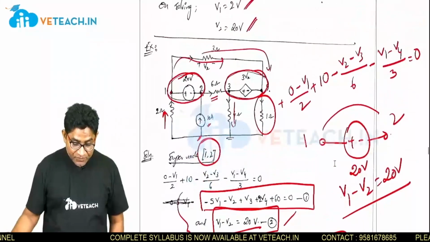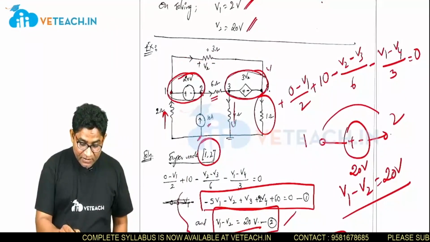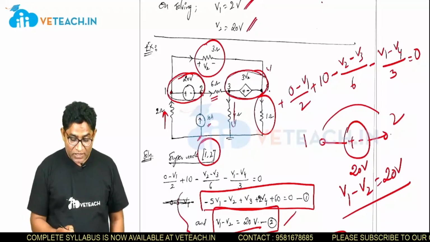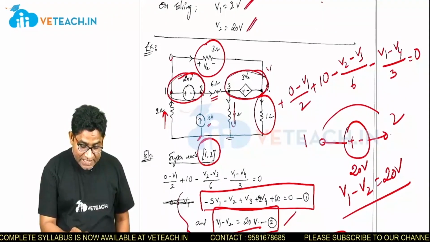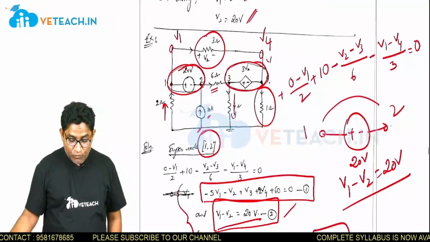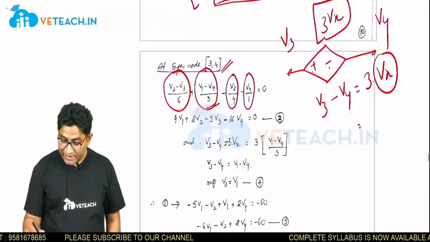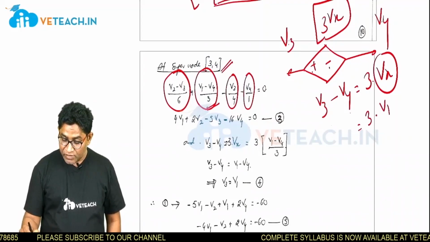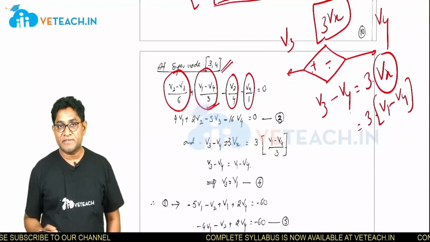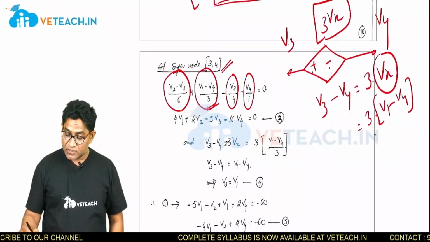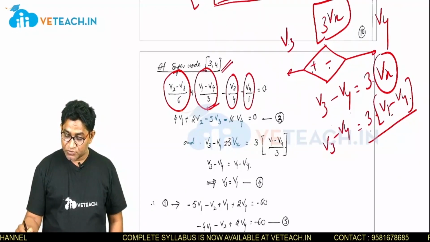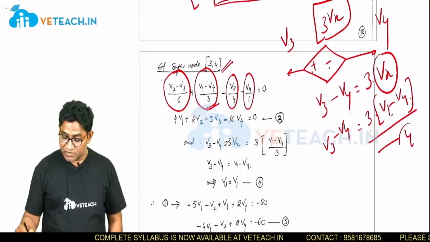If you see the circuit, Vx is the voltage across the 3 ohm resistor, which is connected between node 1 and node 4. So the current is V1 minus V4 by 3, and to get the voltage you multiply by the resistance, so this is 3 into V1 minus V4. So V3 minus V4 is equal to 3 into V1 minus V4. This is equation number 4.